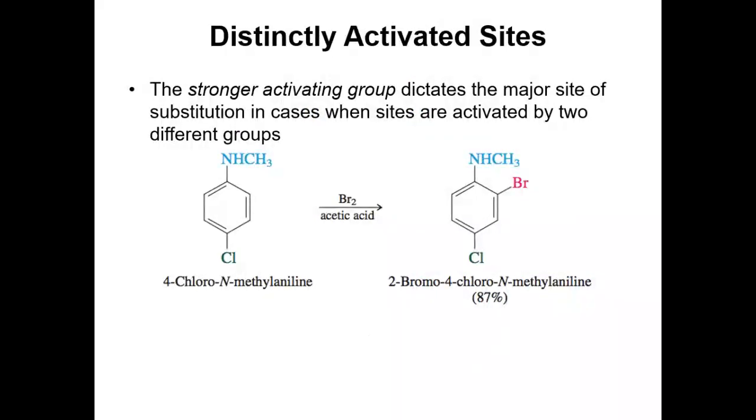Now the more troublesome situation is if you have two existing substituents and they prefer different sets of sites. Like here, this group is an OP director. So the para is already occupied, so this group prefers these two sites.